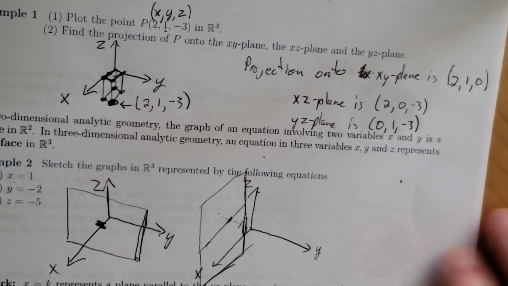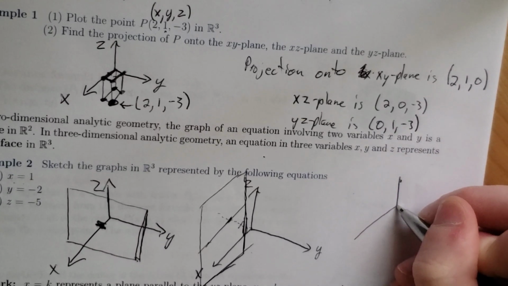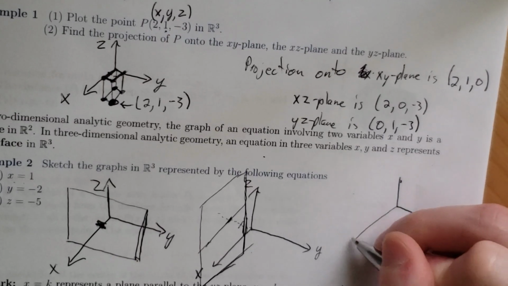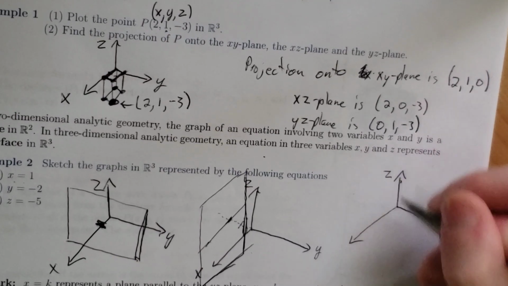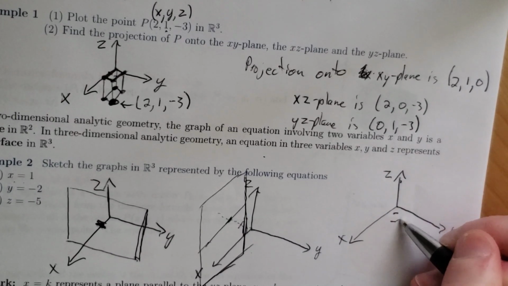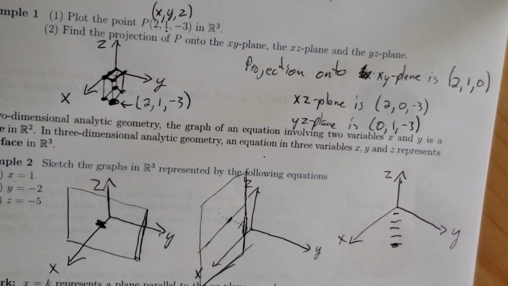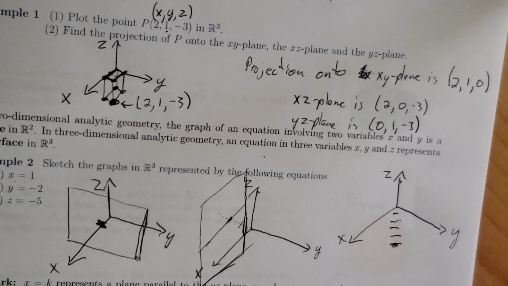And we can do the same thing over here for z equals -5. So -1, 2, 3, 4, 5. And again, this is a plane that will be parallel to the xy plane, just moved 5 units downward.